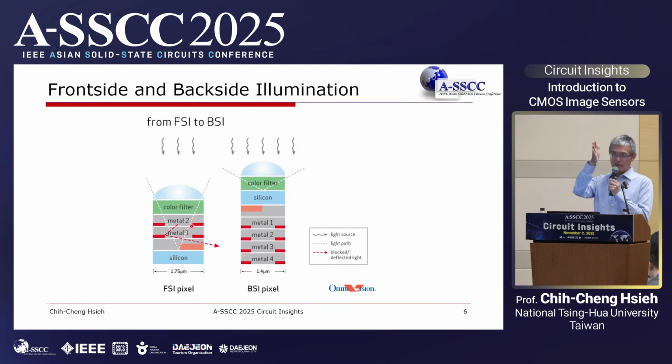You can see in the light trace, the light goes through many layers, which causes degradation and possible optical crosstalk.